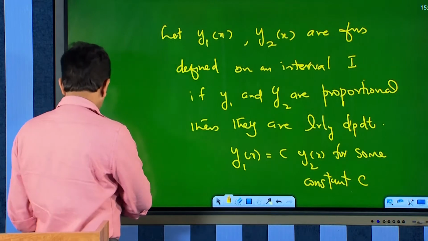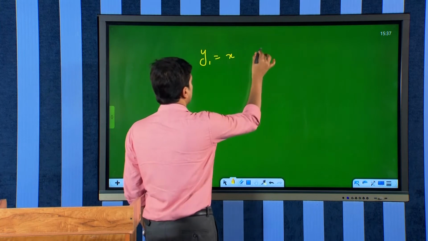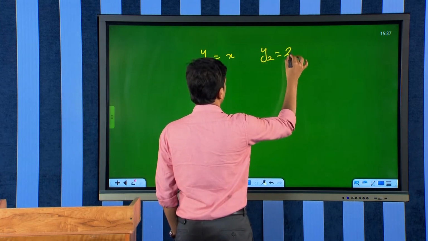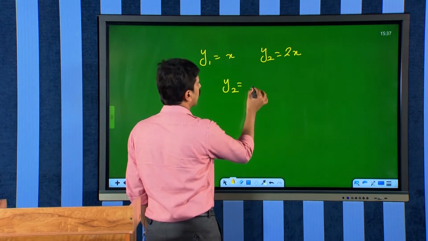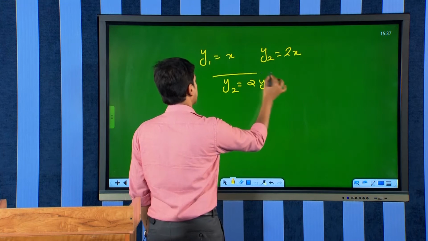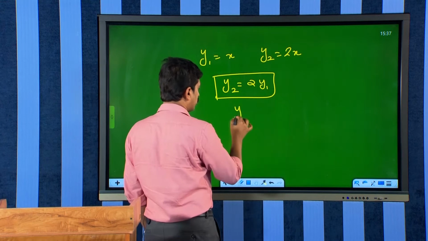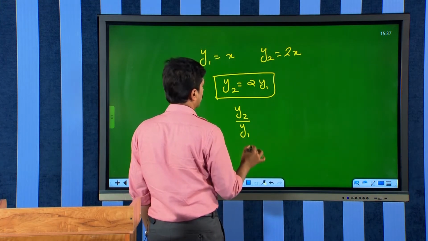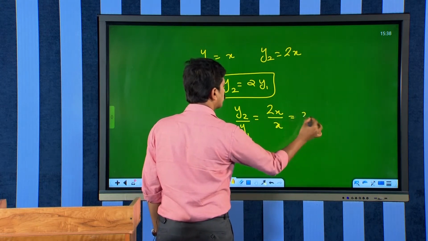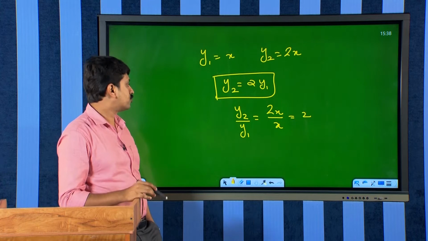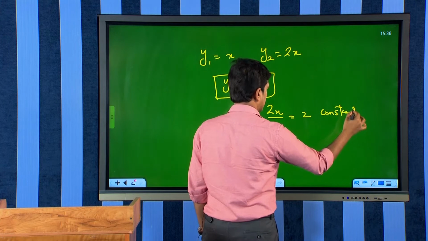For example, y1 = x and y2 = 2x. So y2 is actually a constant multiple of y1, that is 2 y1. Therefore y1 and y2 are linearly dependent. See, y2 divided by y1 is 2x divided by x, which is equal to 2, a constant.